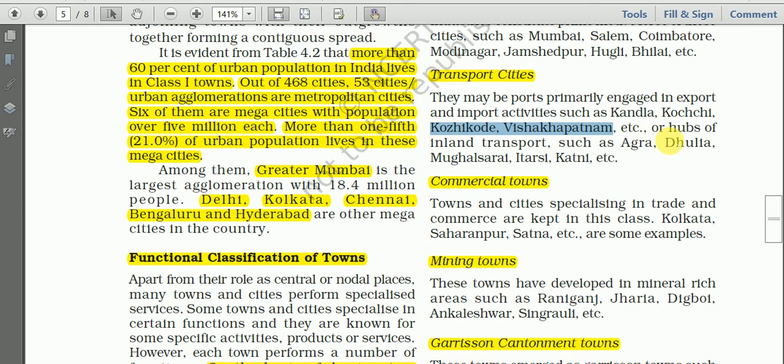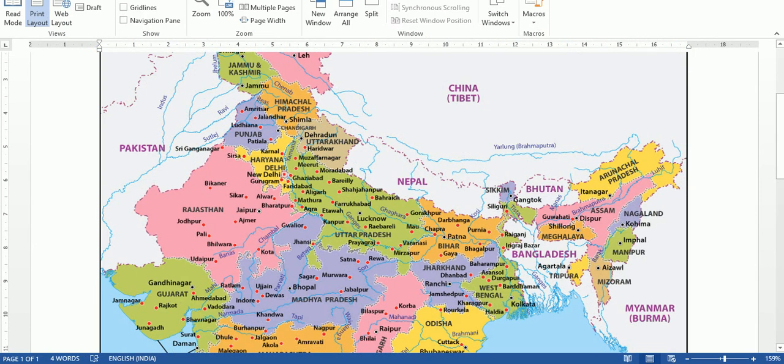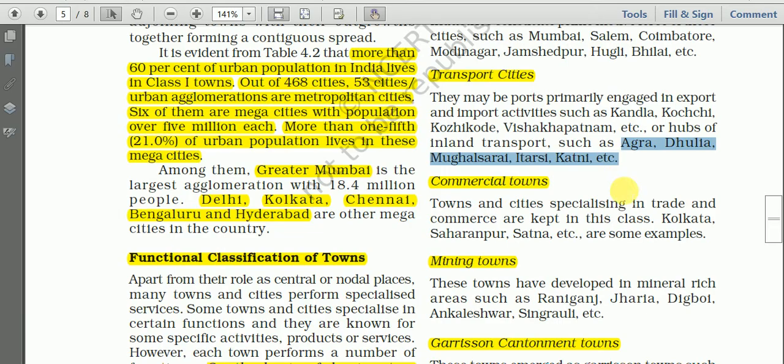Or transport cities may be hubs of inland transport, as I told you, it may be a railway junction or a junction of many highways, such as Agra, then Dhulia, then Mughal Sarai, Itarsi, Katni. You may use an atlas, or you may read this map also. Here is Shahjahanpur, and you'll find some of the towns.